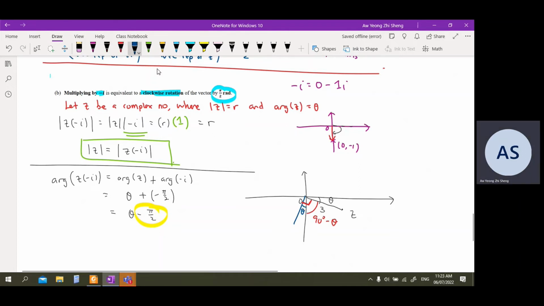If I measure the blue length to also be 3 units, then the ending point of my blue line will be the point representation of z times minus i, or simply negative iz.